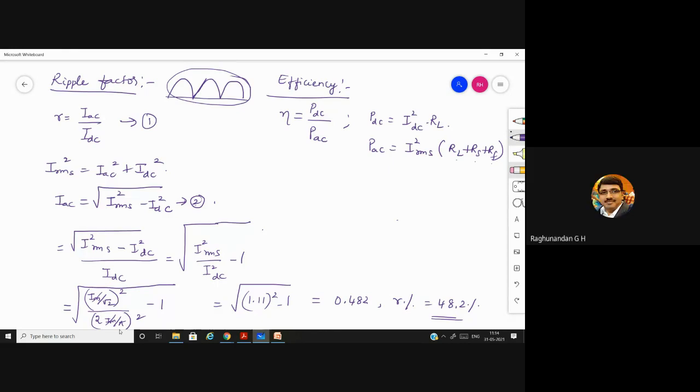Static resistance, all those things. Why do you consider these three in AC and not in DC? Because in AC it is completely varying as per time. Static, no, that is secondary resistance. RS is secondary resistance. RF is your forward resistance.